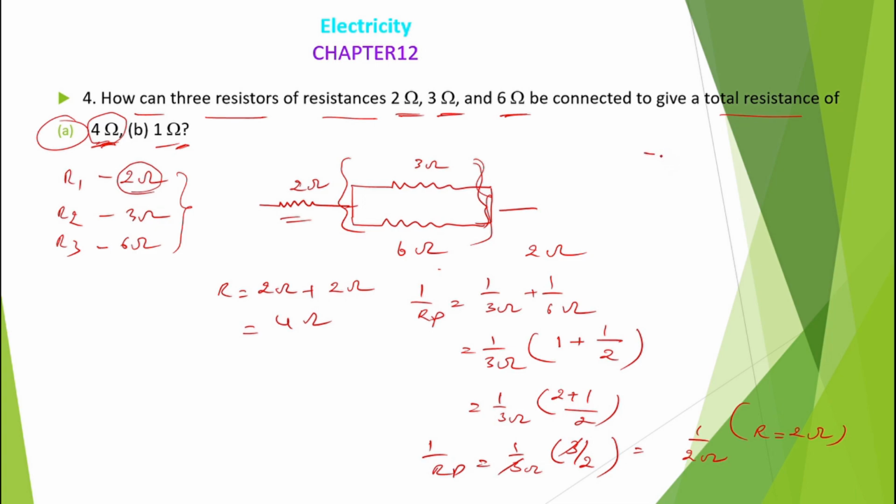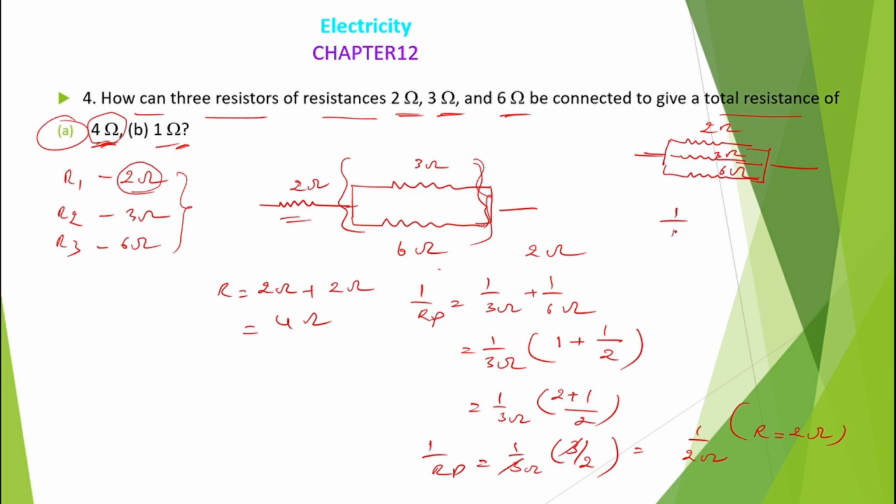First I will connect all three in parallel. Okay, this is 2 ohm, this is 3 ohm and this is 6 ohm.